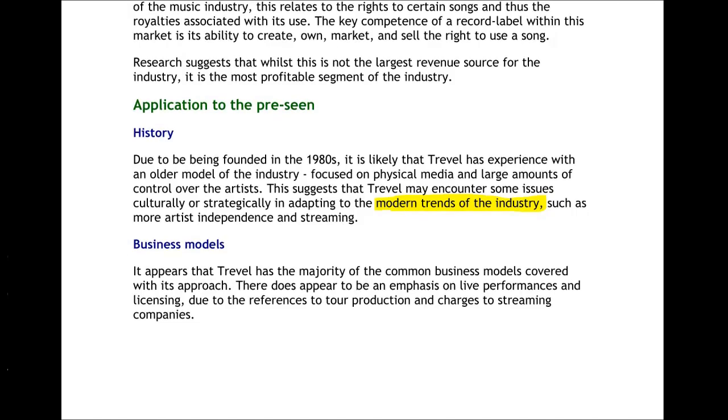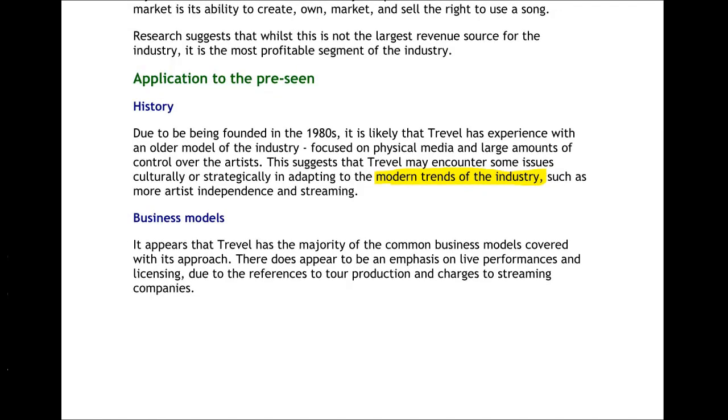And then we go to the business models. So essentially Trevel have all of these business models covered, though the vinyl aspect again is definitely going to be a notable exclusion from the pre-seen material, and there was an emphasis on live performances and licensing in the contextual elements of the pre-seen, but it wasn't Trevel specific.